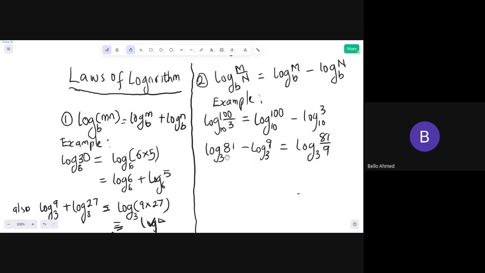So we are going to have logarithm to base 3, a single base, then logarithm of 81 divided by 9 to base 3. So that is how we apply these two laws of logarithm.